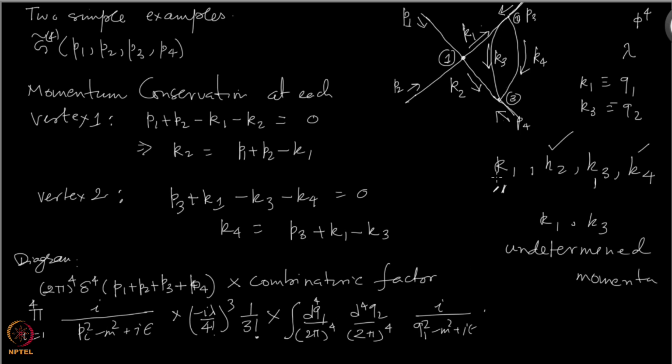This one will give you i over q2 square minus m square plus i epsilon, and this one is p1 plus p2 minus q1, right. k1 is q1 now, so i over (p1 plus p2 minus q1) whole square minus m square plus i epsilon, and the last factor is i over, this is for k4, (p3 minus q1 minus q2) whole squared minus m square plus i epsilon.